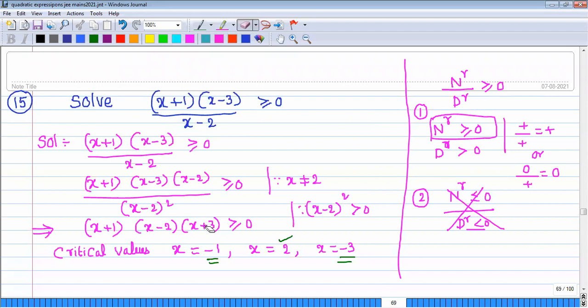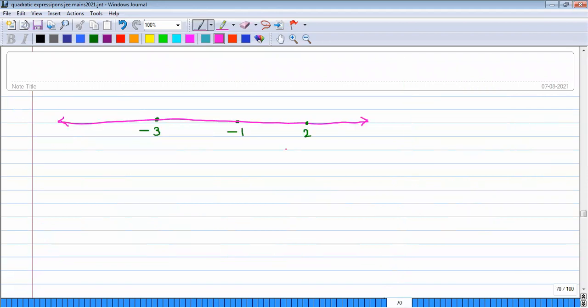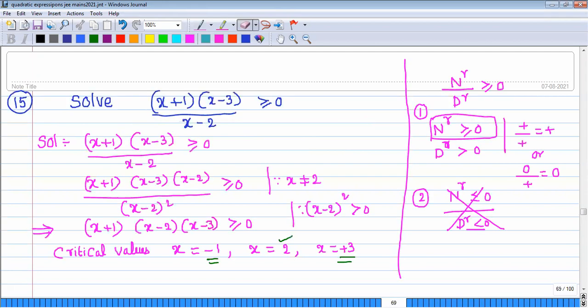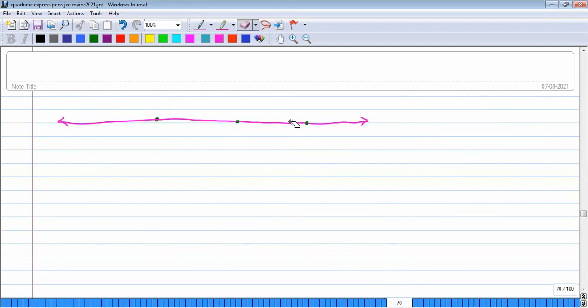Okay, this is plus 3. So now we need to change it like this: minus 3, minus 1, 2. Am I correct? Okay. Now we can divide this, negative infinity to positive infinity.